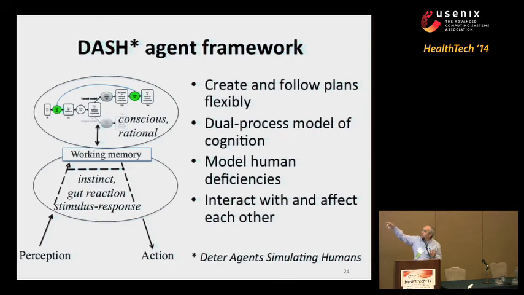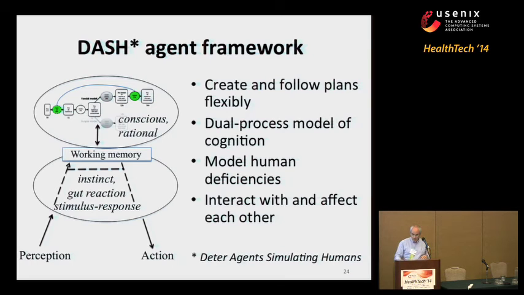We can use that to program in, for example, differences in behavior when an agent gets tired or when emotions run high, which can emerge as part of the gut reaction piece. And also if the agent perceives it has too many tasks going on, or it's under time constraints. So this allows us to build agents which are going to set out with the idea of doing the right thing in the world, but they're going to take shortcuts if they see that they have to or if they get tired.